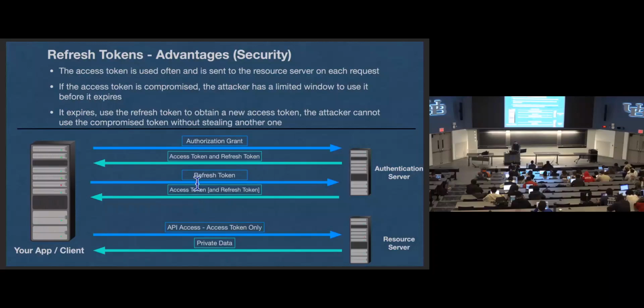The app is going to not cache in, but get a new access token using the refresh token, and the attacker's stuck with an access token that's invalid, it expired, and they have to try to attack another access token and keep launching more and more attacks. So it does limit the damage. They still can do damage, but we do limit the damage they can do if they compromise one of these access tokens.